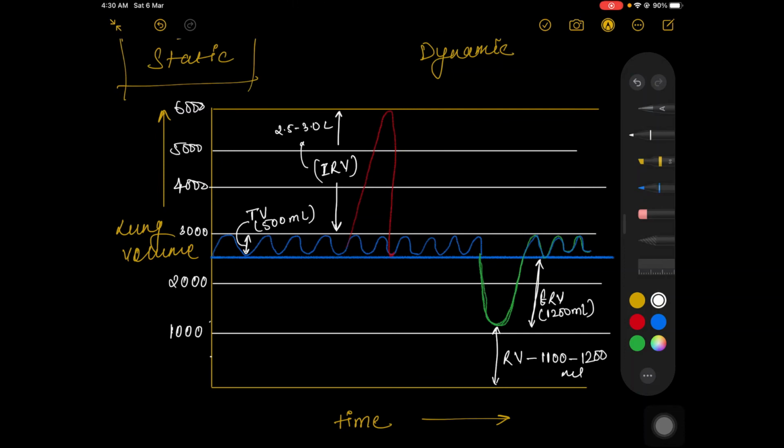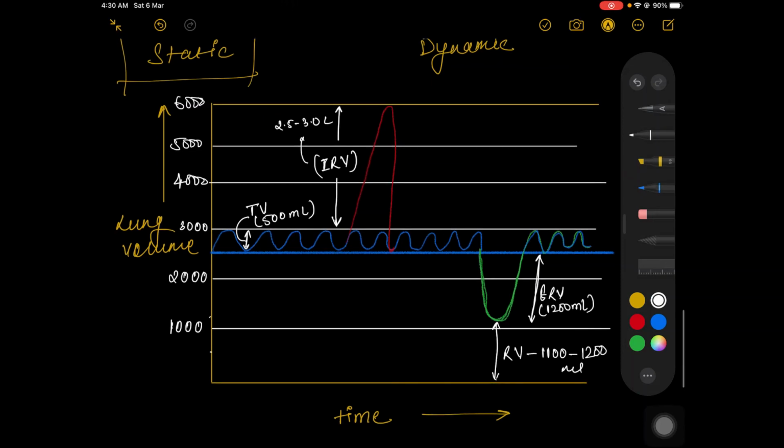Now these volumes, when combined with each other in different combinations, form certain capacities. Now what are these capacities? Suppose I add up all these volumes, the residual volume, the expiratory reserve volume, the tidal volume, and the inspiratory reserve volume, they will form a capacity known as the total lung capacity.